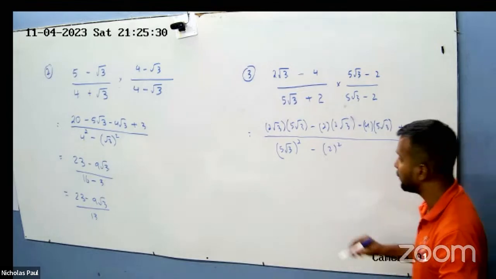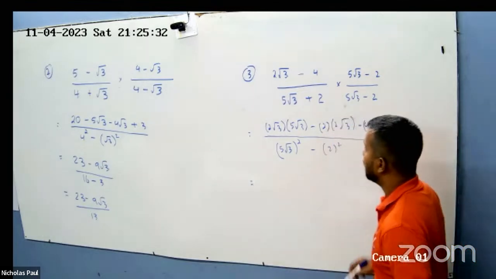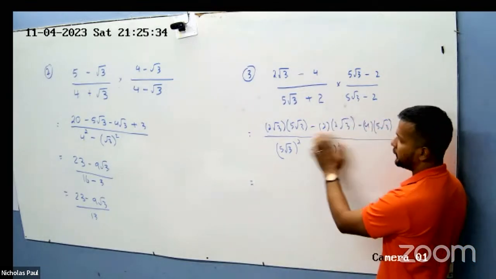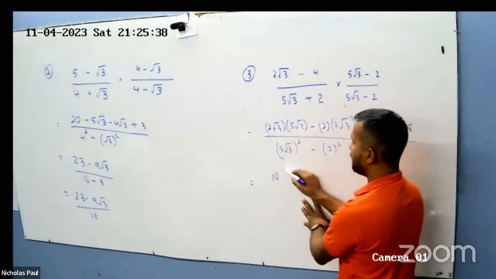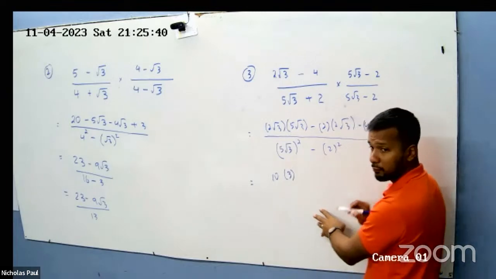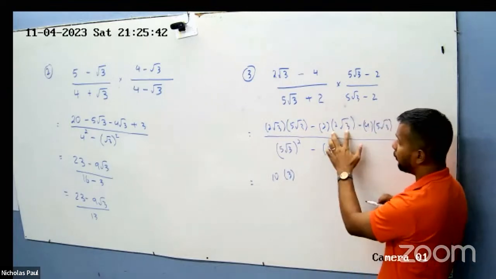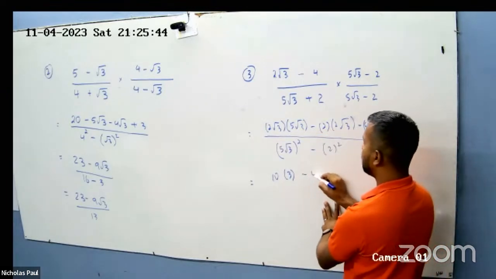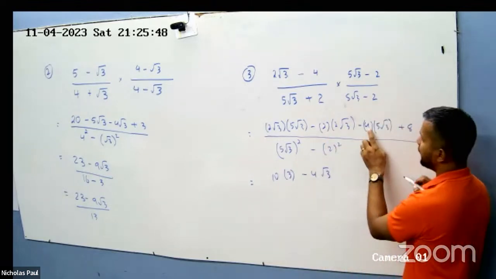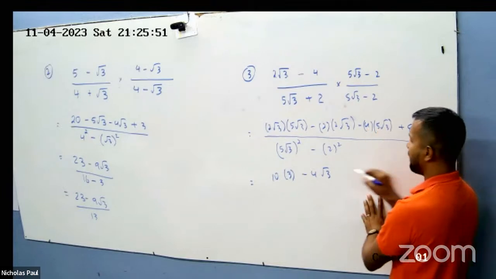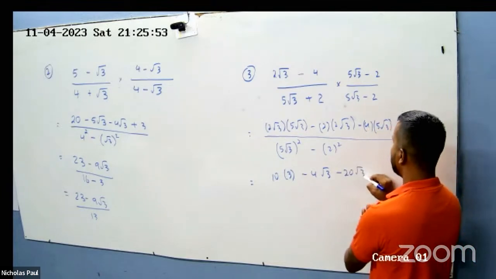Then we take the time and work on the top. 2 by 5, that's 10. Root 3 by root 3, that's 3. Here now, 2 by 2 is 4 by root 3, so that's 4 root 3. Here is 4 by 5, that's 20 root 3, plus 8.